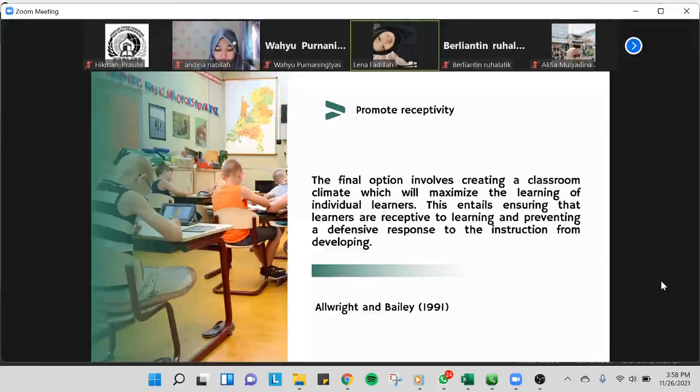According to Albright and Burley in 1981, the final option includes catering a classroom climate which will maximize the learning of individual learners. This entails ensuring that learners are receptive to learning and preventing a defensive response to the instruction from developing. So it is to promote receptivity.